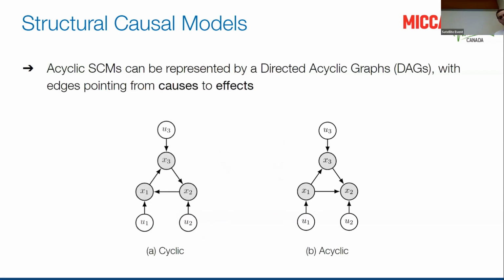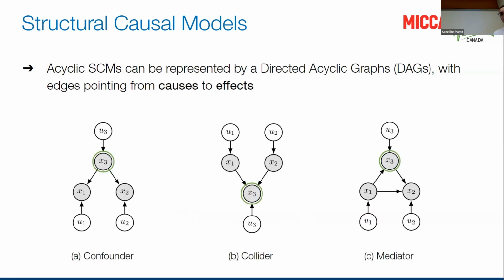Acyclic structural causal models can be represented by directed acyclic graphs. That just means that there are no cycles between the variables in the graph. On the left-hand side, we have a cyclic example and acyclic on the right-hand side. And the edges in all cases point from causes to effects.